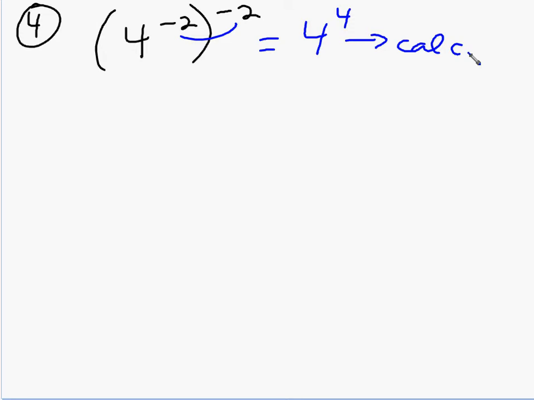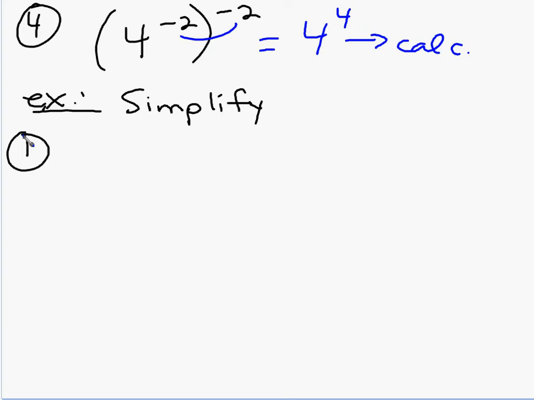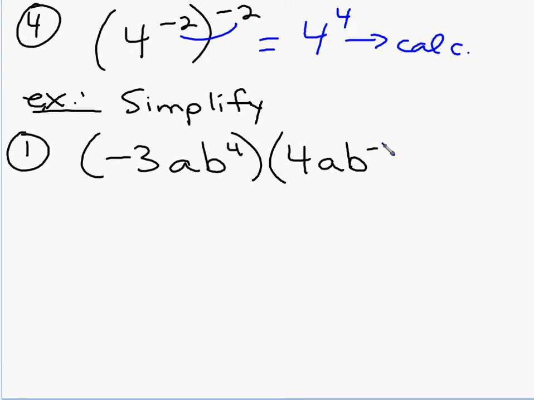All right? Now, they're also going to give you some where you're asked to simplify. Something like this. Negative 3AB to the fourth times 4AB to the negative third.